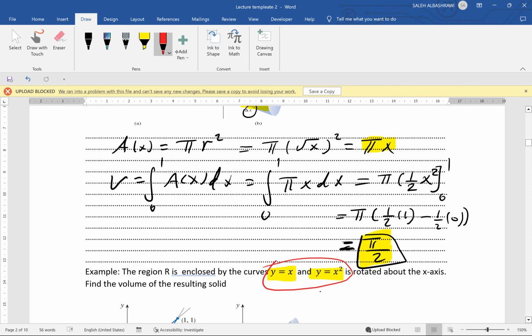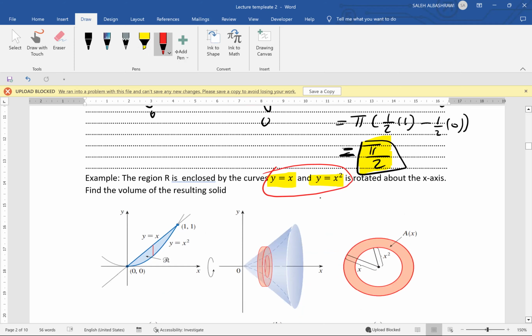So if we graph the two equations, y equals x and y equals x squared. y equals x is just a straight line. It is this one. This is y equals x, and this is y equals x squared. So my R is this one, enclosed between the two equations.